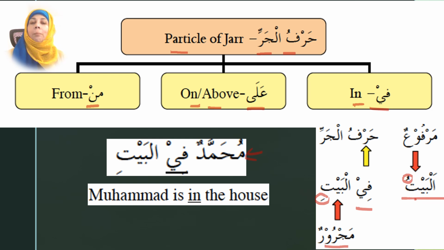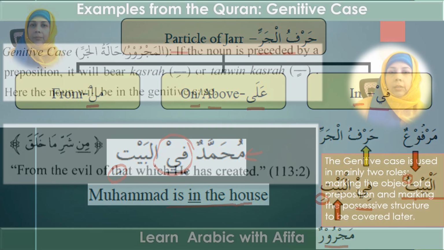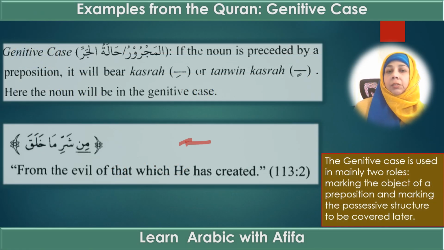Let's look at another example. Muhammadun fil bayti. Muhammad is in the house. Here again we see that the preposition came before al-bayt and made it in the majroor case with a kasra ending. Now let's take a look at this verse, which we recite pretty frequently. It is min sharri ma khalaqa.